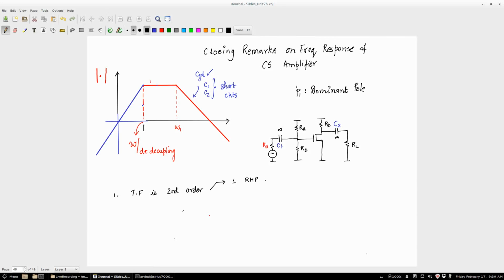Just to finish with closing remarks, jumping a little bit. The general function is second order, right? It has a right half plane zero, is that right? Right half plane zero, 1. It has 2 left half plane poles, correct? And the low frequency gain, I'll call that the gain at low frequency. What's the low frequency gain?